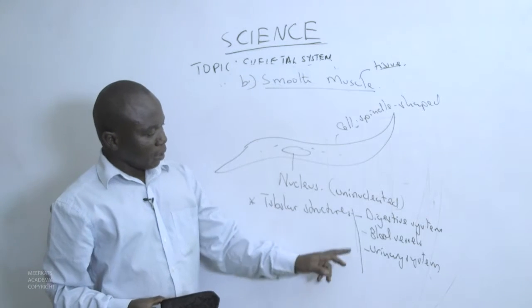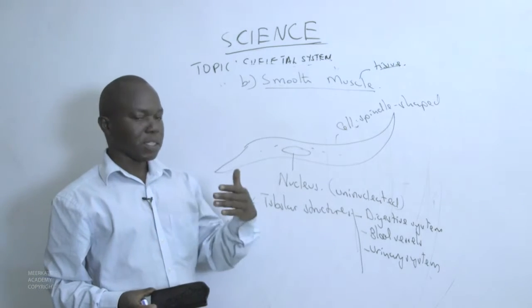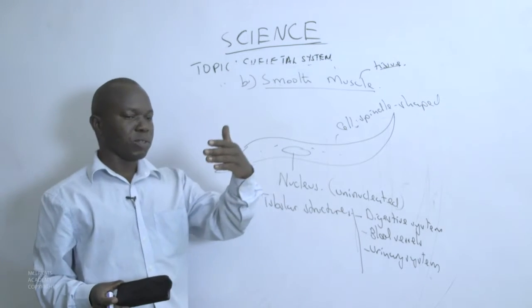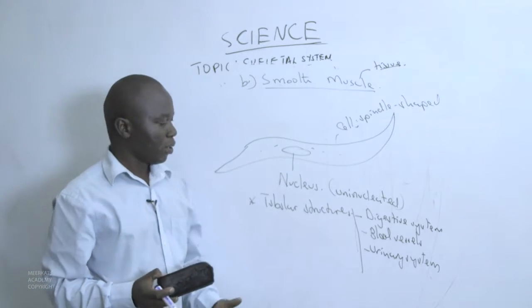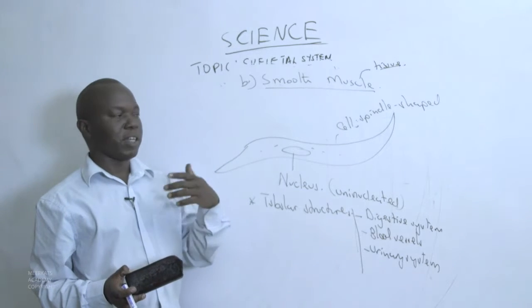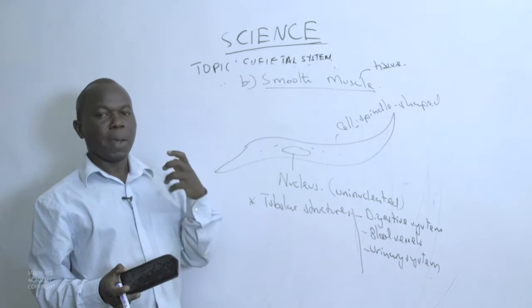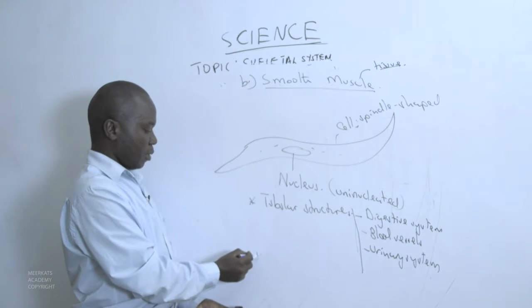But if you look at it, for example, in skeletal muscles, for you to move, it is a conscious effort. You can decide to sit, you can decide to jump, you can decide to walk. It means skeletal muscles are usually innervated or controlled by the voluntary nervous system.